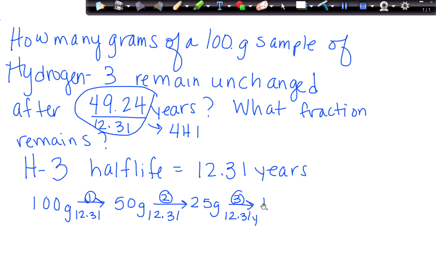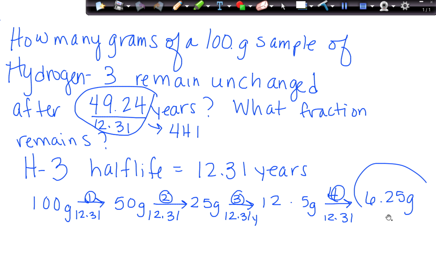So after the first half-life, there's 50 grams remaining. After the second half-life, there are 25 grams remaining. After the third half-life, there are 12.5 grams remaining. And after the fourth half-life, there are 6.25 grams of hydrogen-3 remaining unchanged.